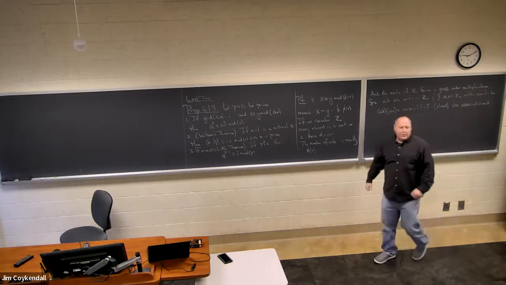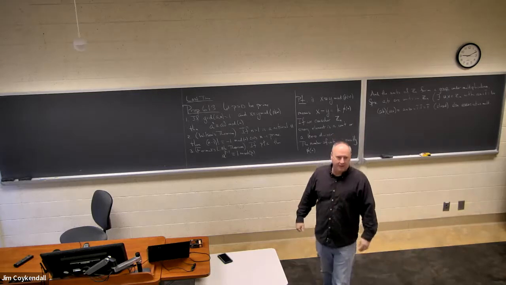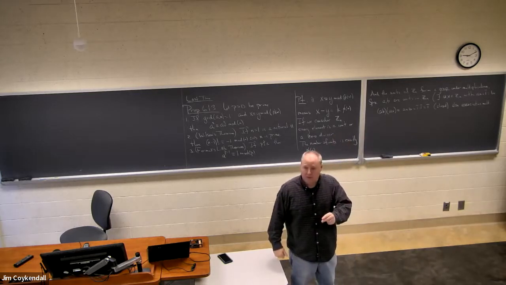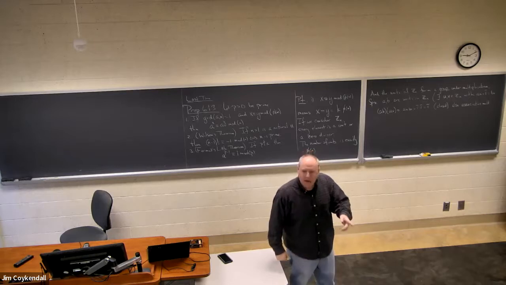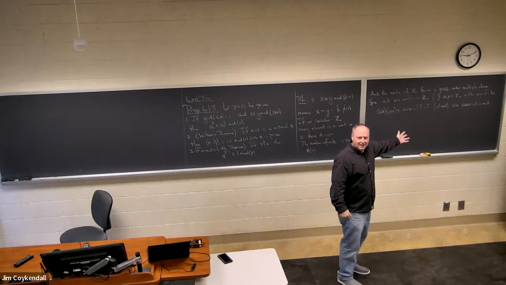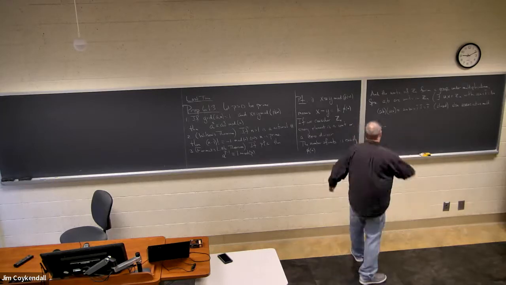Anybody remember the 2 other things we need for a group? Every element's got an inverse, and also you have to have an identity. Anybody know what the identity element would be? What can you multiply by anything that leaves it alone? Right.